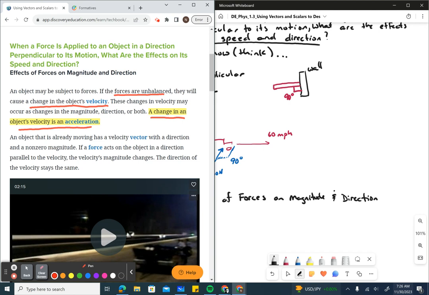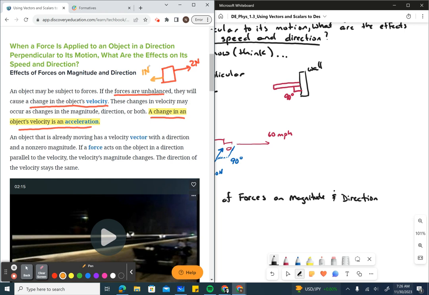Review. If you recall, we had talked about how if you have a box and you have something that's pulling with 2 newtons, and you have something that is pulling with 1 newton, then this produces an unbalanced force. This is going to result in the box moving, in this case, to the right.